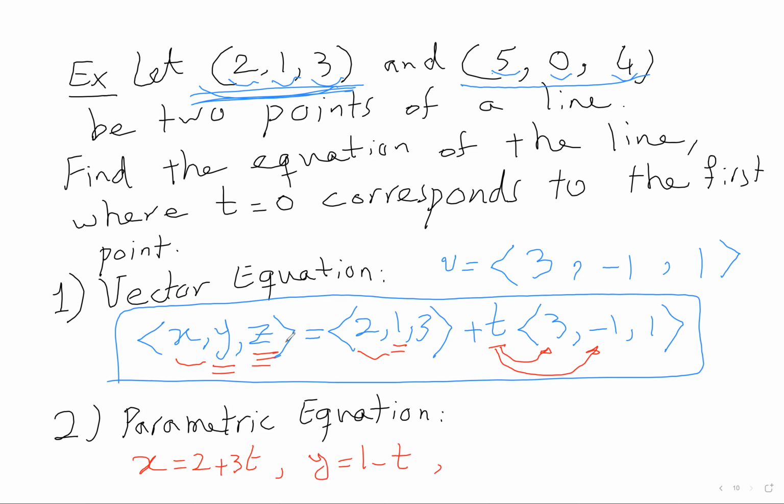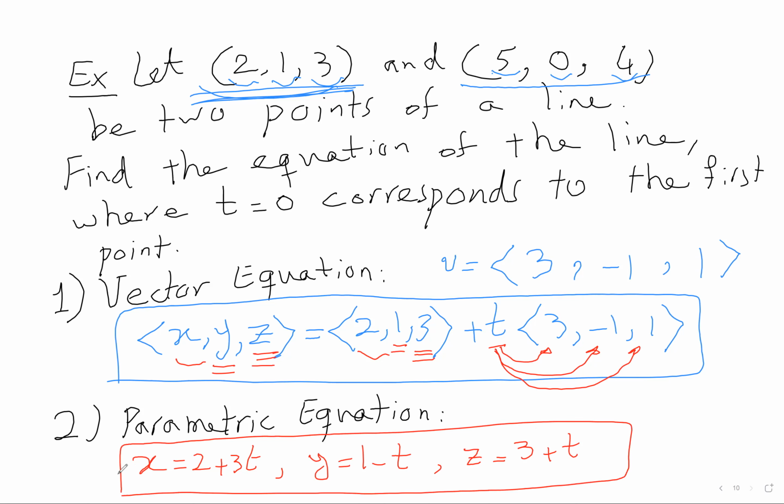And z is the third coordinate, 3 plus 1t, that is 3 plus t. So this is the parametric equation of the line. In both equations, when I give different real values to t, I will get different points that all lie on the same line. And that's the line that this question was about.